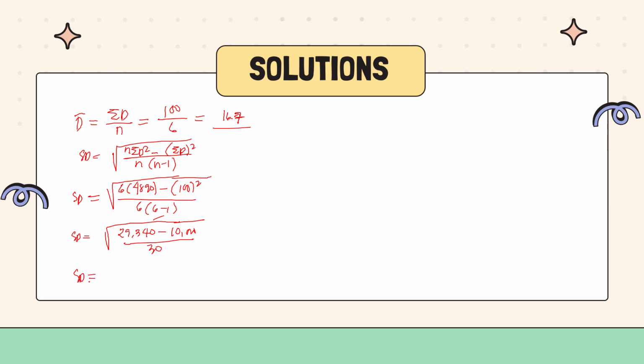Solving this using your calculator and taking the square root, we have 25.4. Our SD is equal to 25.4.